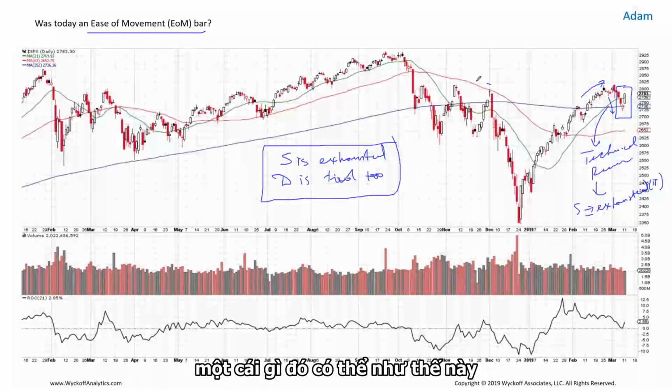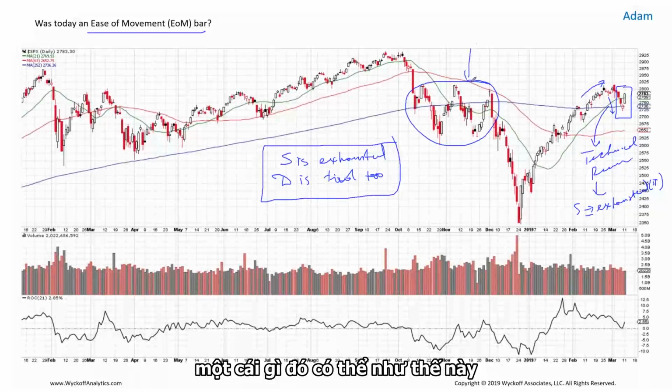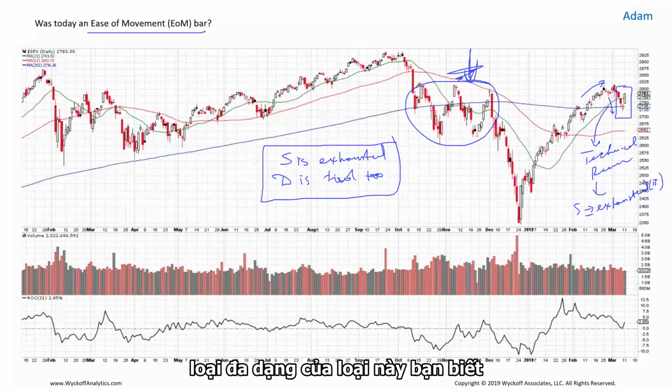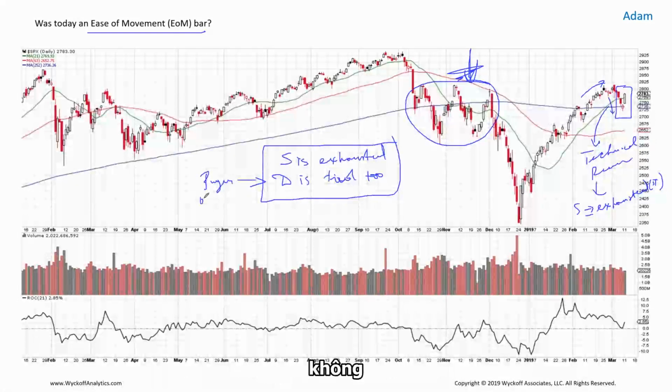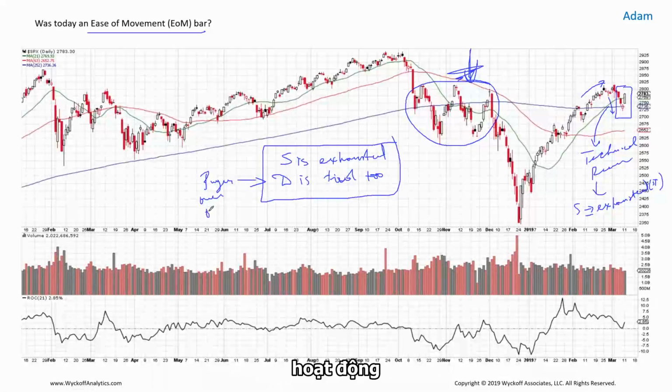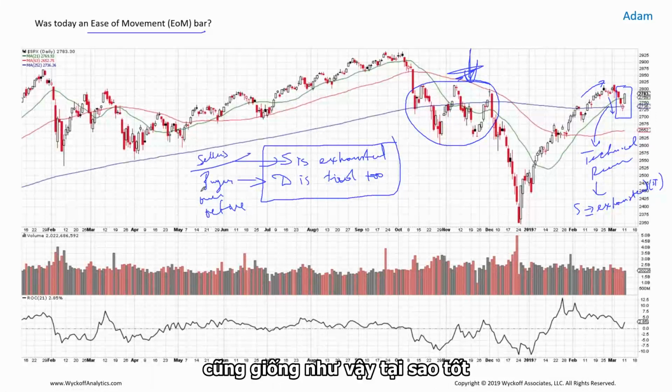Something maybe of this variety, where we have more reactions that would create the trading range. So therefore, the buyers are not active. And then the sellers are kind of the same way.